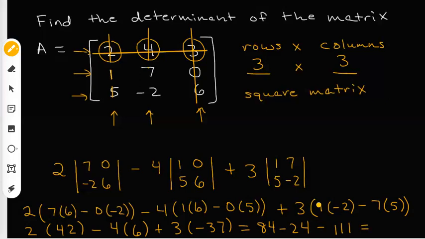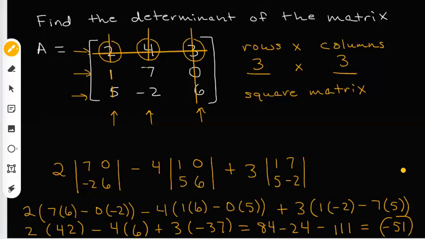So now I just need to figure out what this is. 84 minus 24, that's going to give me 60. And 60 minus 111, that's going to give me, let's see, -51. So that's my last number, which means that I'm done.